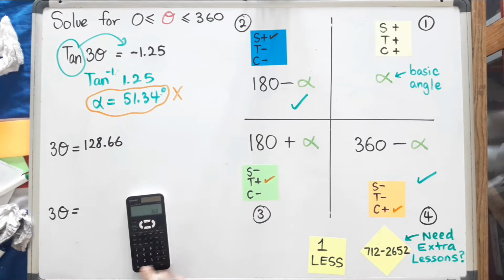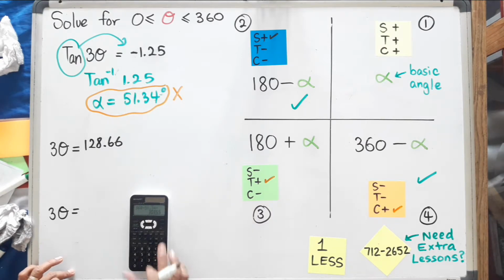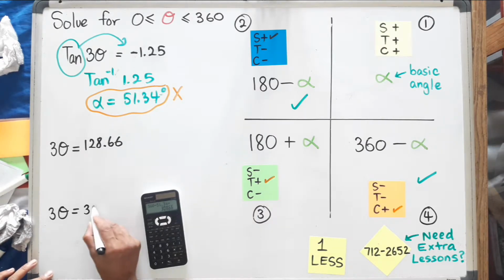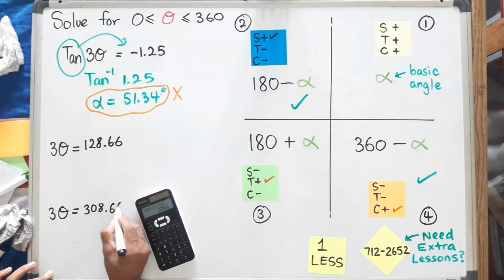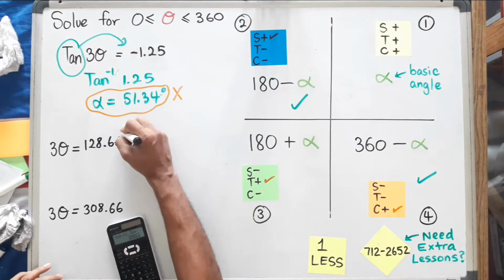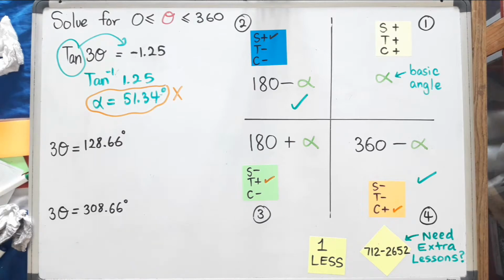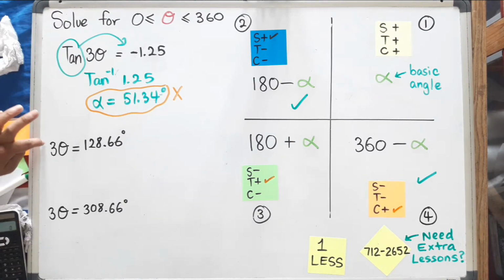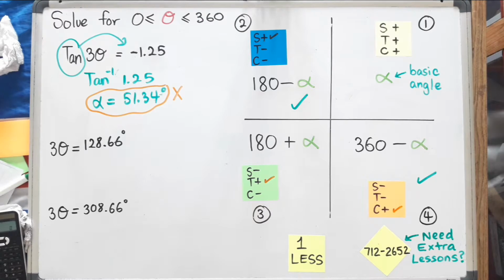And 360 minus 51.34 is 308.66 degrees. Let's put my degree sign here to be real accurate. Now, when we threw across the tan, we paused and got the 2 answers. But it's 3 theta, and we have something called the one less policy.